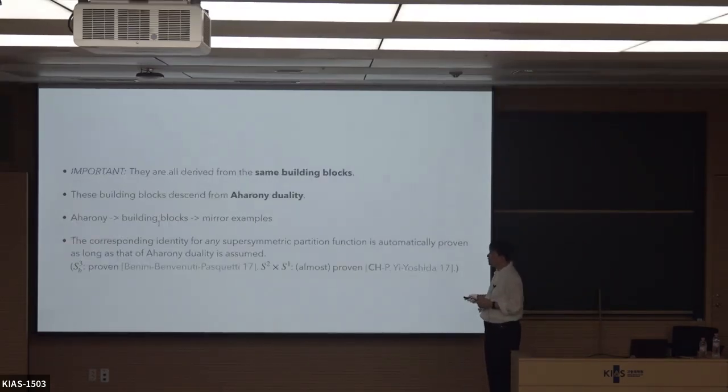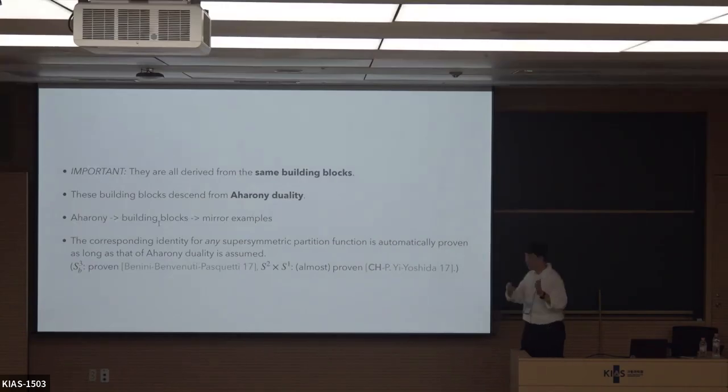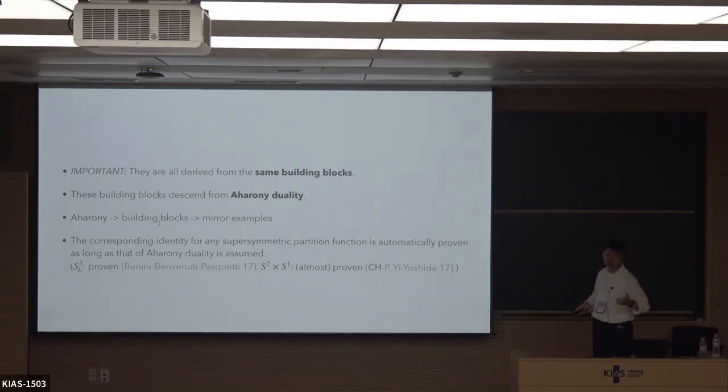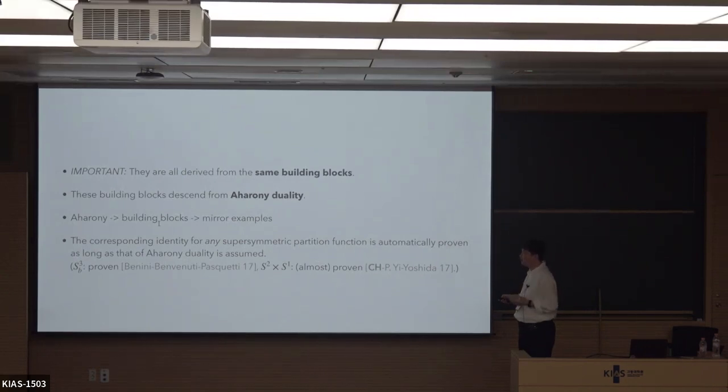But before moving on, there is another important remark. They are all derived from the same building blocks, regardless of whether it is a QCD or some linear quiver or circular quiver. And these building blocks, as I mentioned, descend from the R-only duality. So there is a kind of chain of derivation. Starting from the R-only duality, we can derive the building blocks of 3D mirror symmetry.